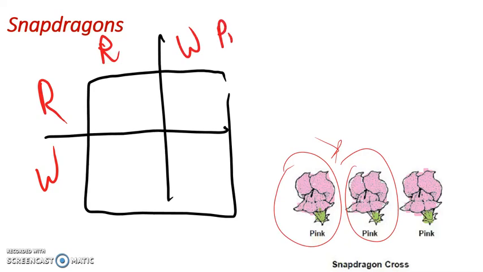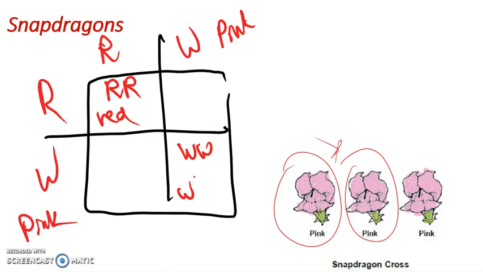Again, this is going to be a pink flowered Snapdragon versus a pink flowered Snapdragon. In this box, we get red Snapdragon, so 25% red. The lower right-hand side, WW, gives us a white. And then RW in two of the boxes gives us pink.